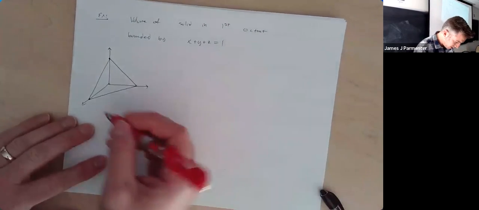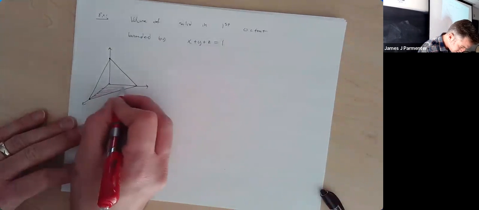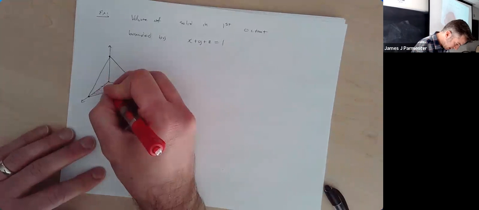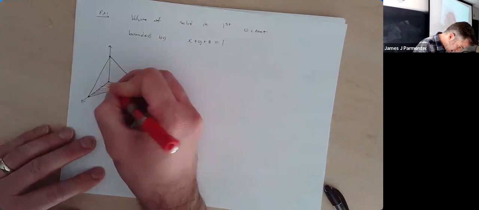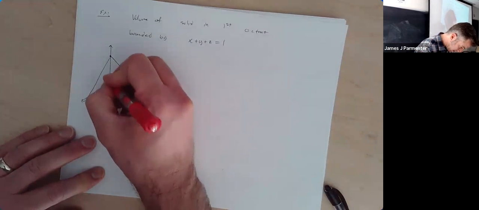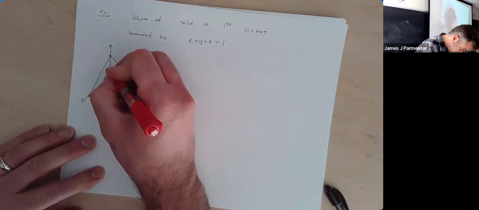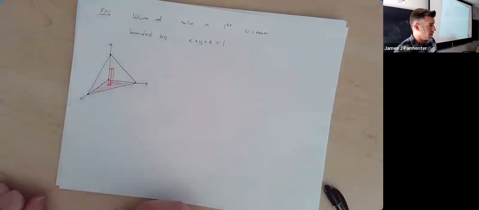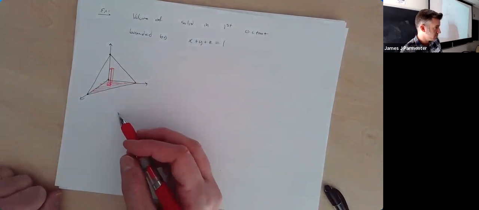And so here's our region that we're integrating over. We're going to be taking little squares, and I drew the square in the worst place I could have drawn it. We're taking little squares like that and then adding up the volume of that little box.